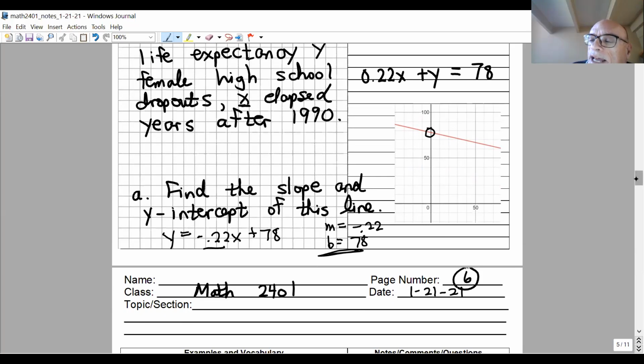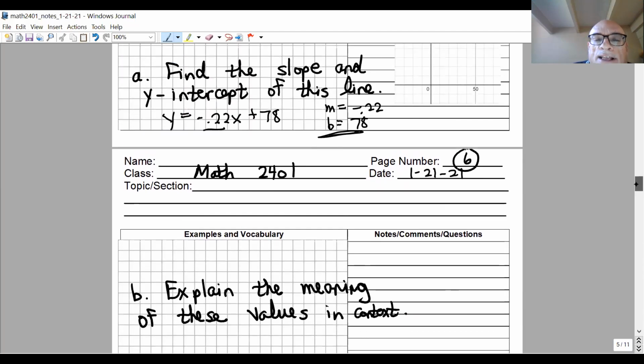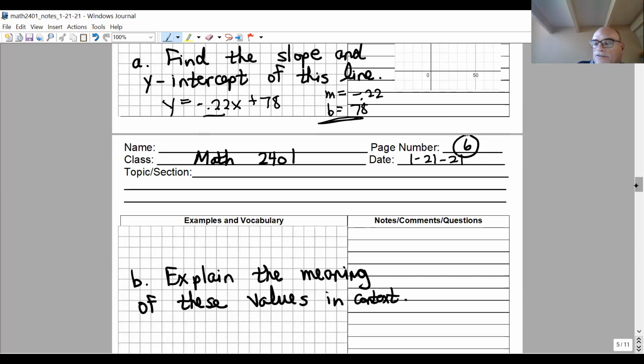Something about 1990, something about life expectancy. How would you write that down in a nice sentence? If you were in your English class, how would you write it? In 1990, the life expectancy of whatever that is would be 78. Yeah, that's right.